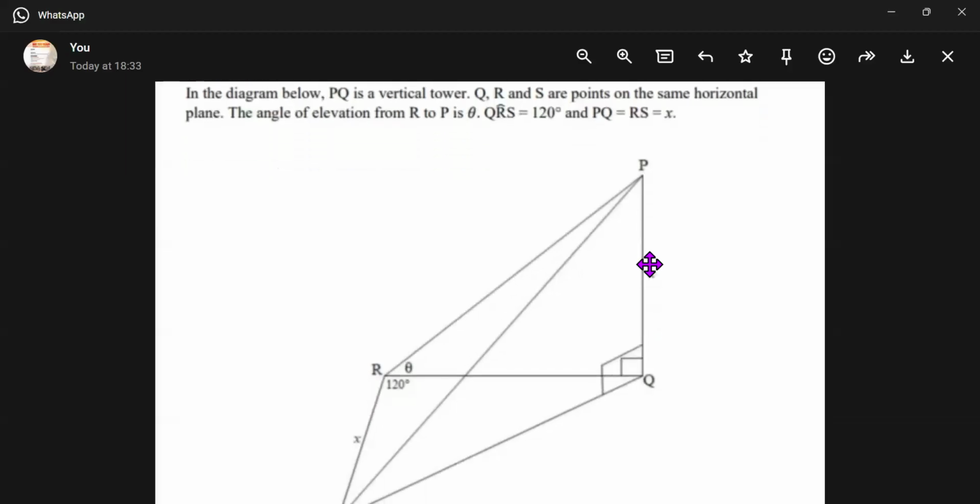Okay, so in the diagram below, PQ is a vertical tower. Q, R and S are points on the same horizontal plane.